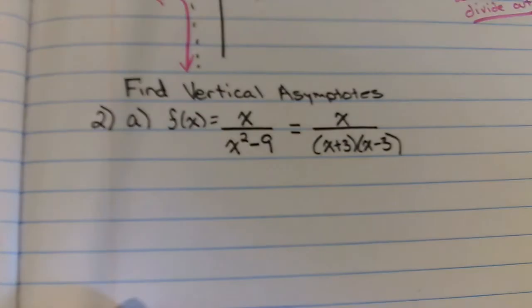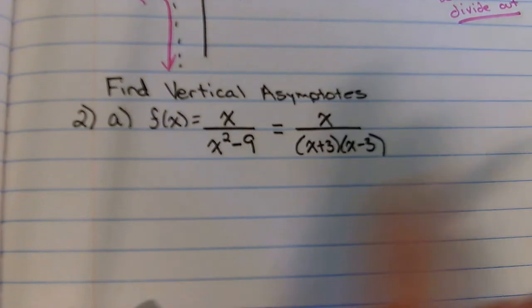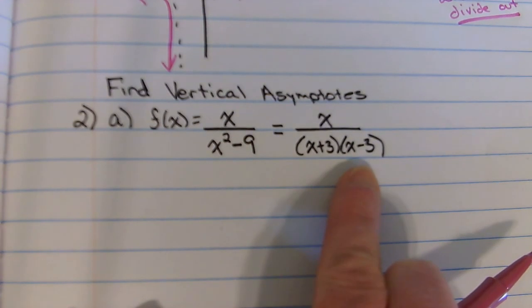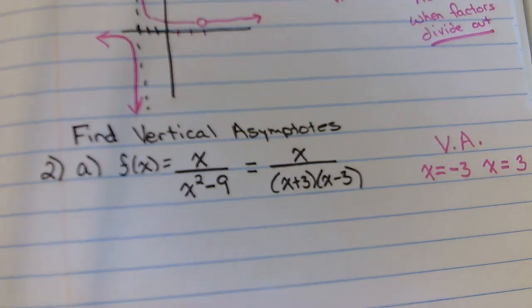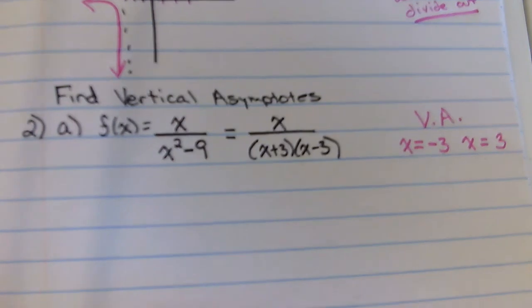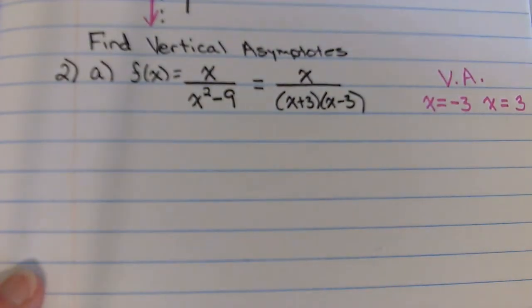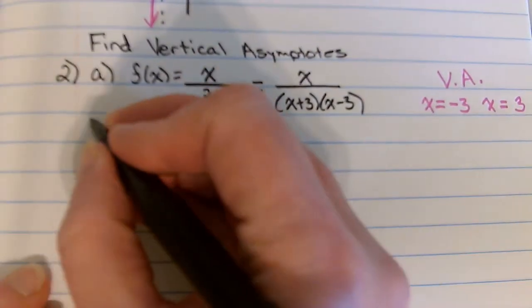Now notice nothing is going to divide out, so both of the bad numbers are going to be vertical asymptotes. I don't know why I keep losing the video line here. I'm trying to record this at home and it is not doing so well.